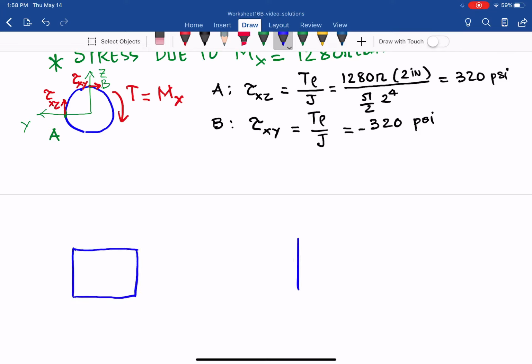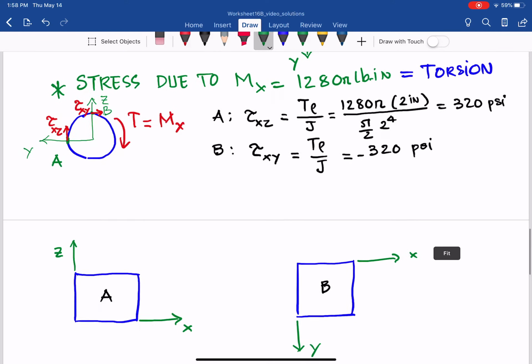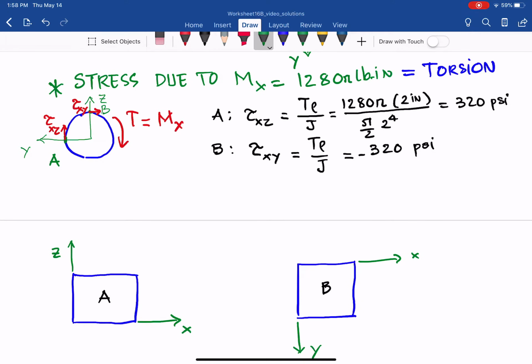So we can draw the stress block for just the load due to the torsion. We have A, we have B, the x-axis, z-axis, and the x-axis, y-axis. So tau XZ is positive 320 on the positive x-plane. You will have that going up here, going down, and of course that just changes the direction.